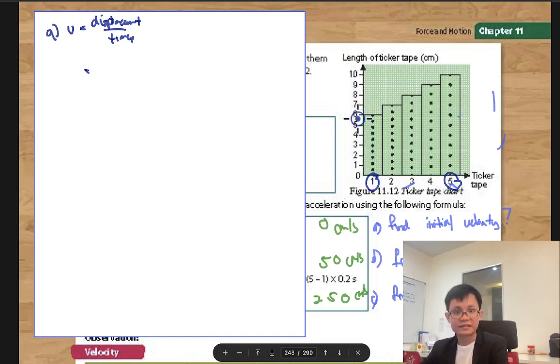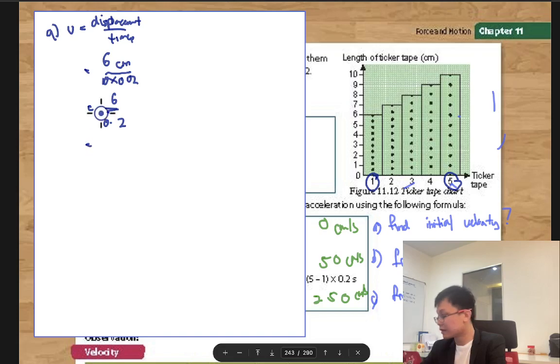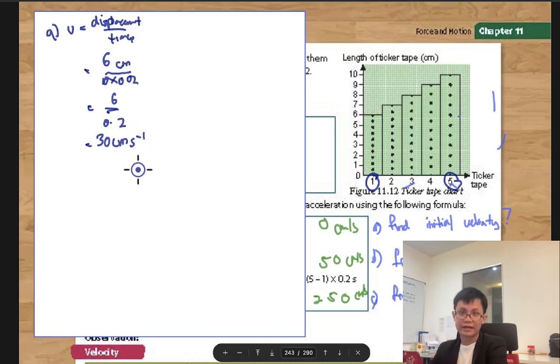So initial is 6 cm. 6 cm divided by the time. 10 ticks, times 0.02. So it's actually 6 divided by 0.2. You press your calculator, you get 30. So the first one is 30 cm over s, okay?